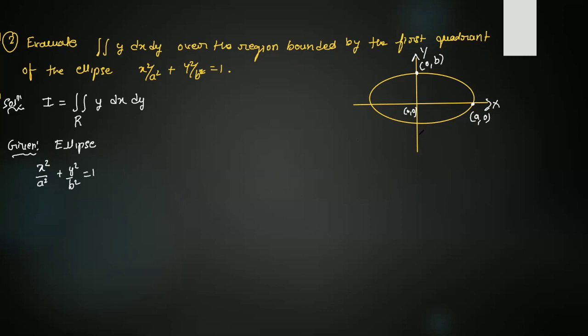Here it is minus a, 0, and 0, minus b; we don't want those. Which is the first quadrant? The right side. Correct. So our bounded region is this, because they have clearly given the first quadrant of the ellipse, a region bounded by the first quadrant. So this is our bounded region.